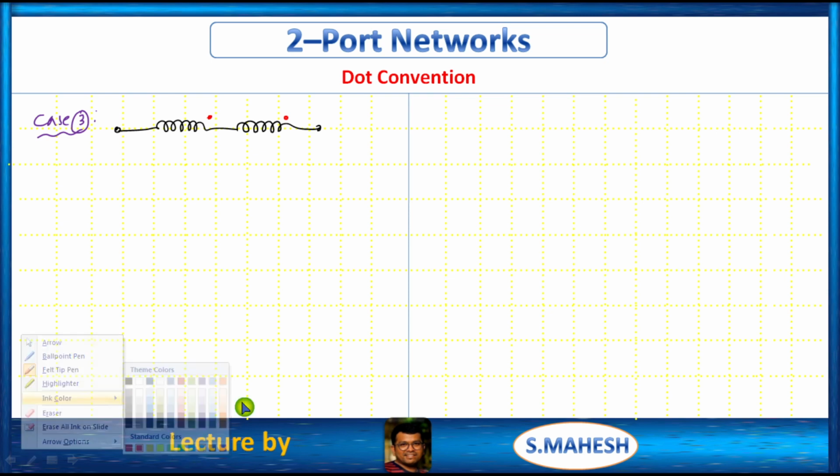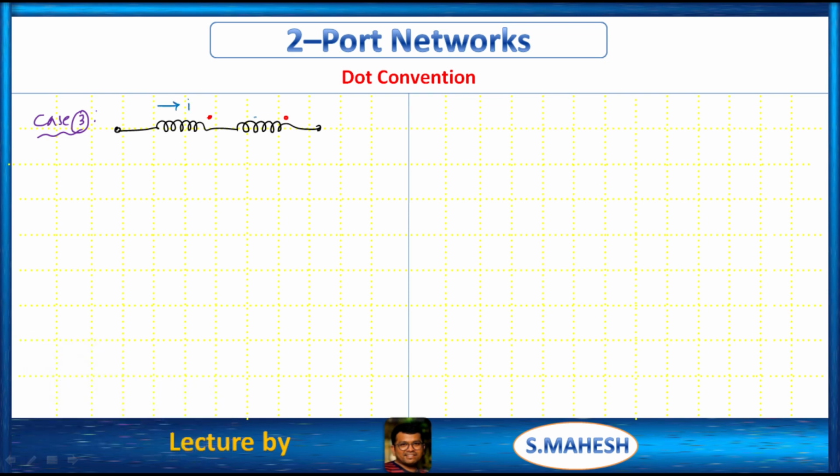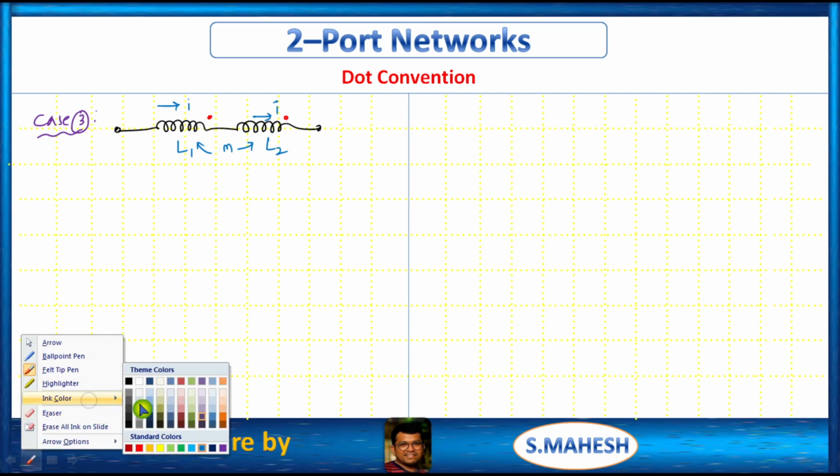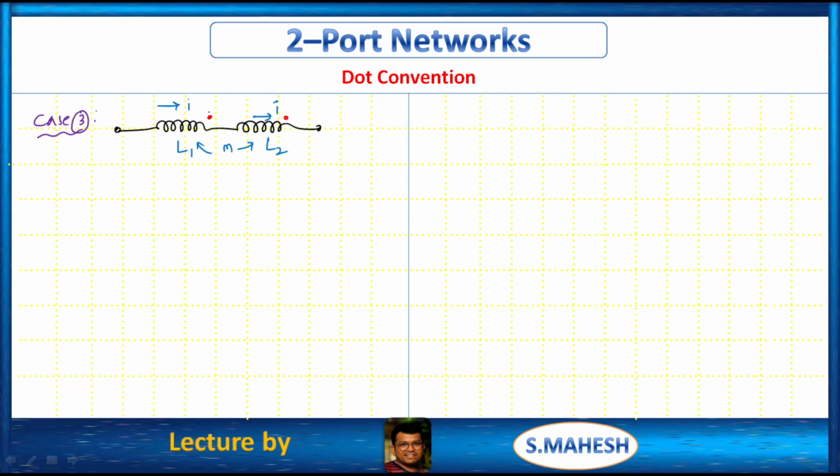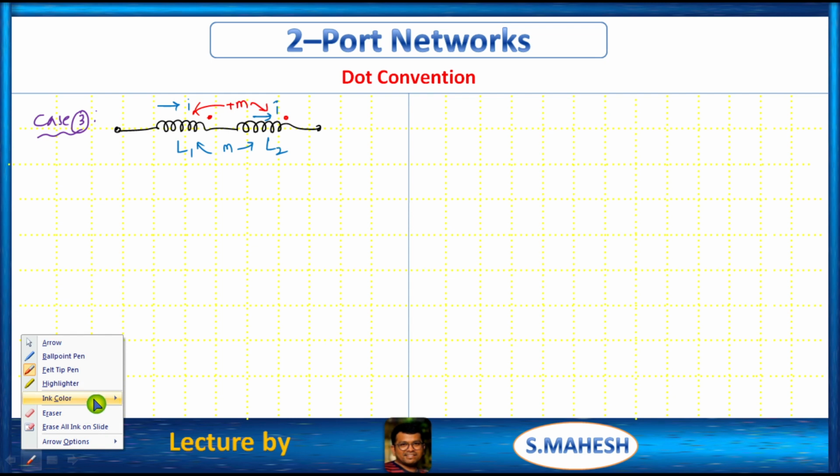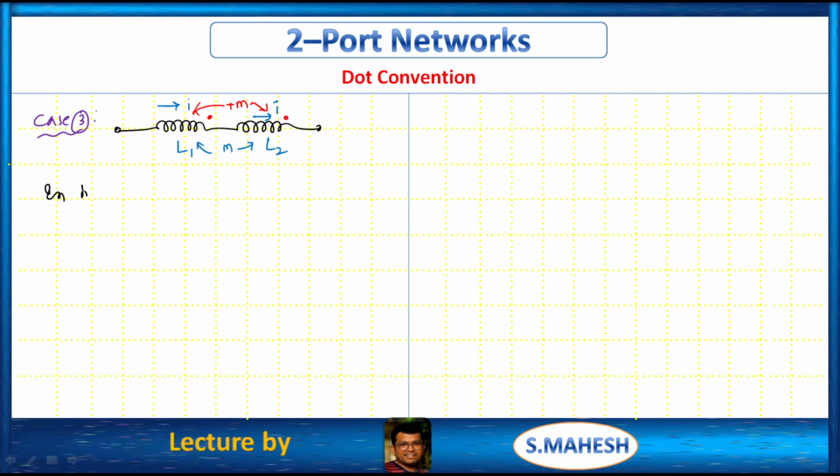Then the current direction is I. This is L1, this is L2. Between these two we have mutual inductance. Then it is always plus M. Why plus M between these two? Because in both the coils the current leaves from the dot.